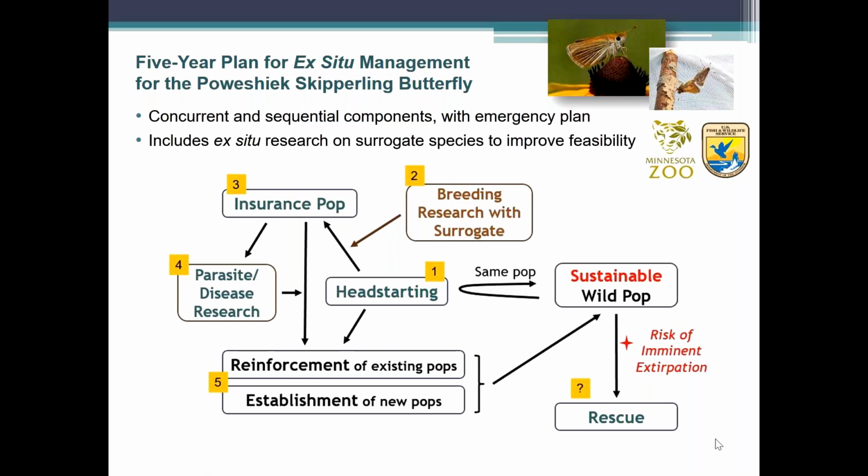If and when that expertise develops, they can go on to do some specific population-specific disease and parasite research that would then enable them to collect and store and maintain insurance populations that can be used to reinforce existing populations in the wild and to establish new reintroduced populations.